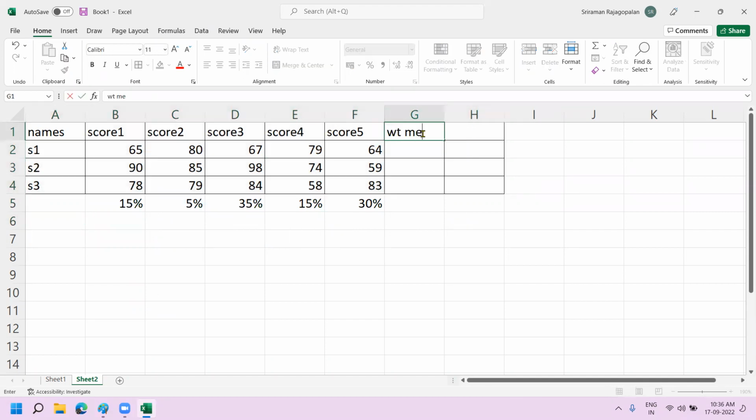First calculate what is the weighted mean, and then we'll calculate the regular mean, and we'll find the difference between these two.